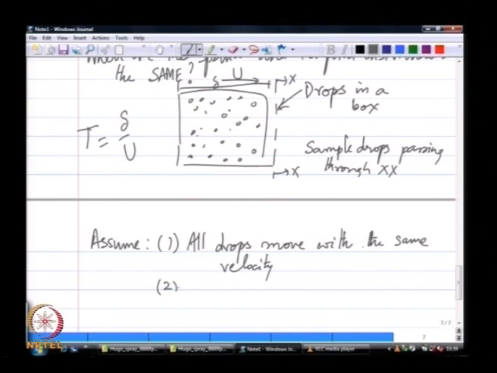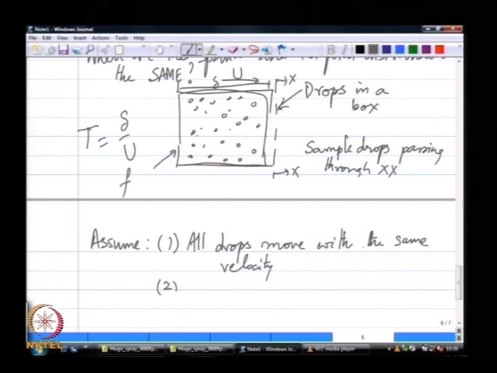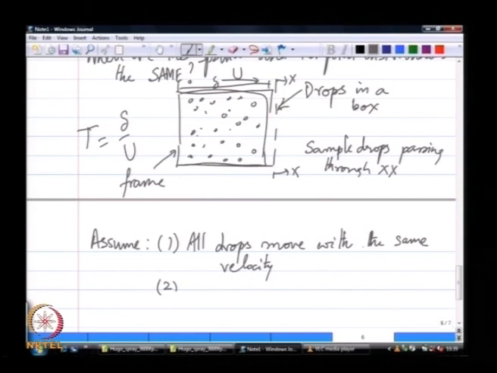The second assumption is this. Let us say this box is my frame. This is the frame that I used to construct my spatial drop size distribution, and then I am sampling for a certain time, capital T, that is going to tell me the time over which I can sample to get the temporal drop size distribution.